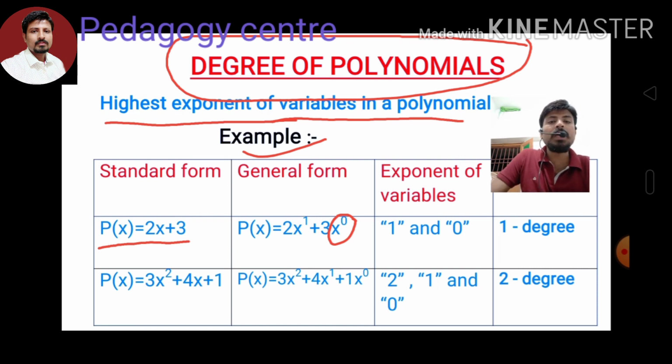So you can write 3 as 3 into x to the power 0. So the exponents of the variable are 1 and 0, and the highest exponent of the variable in this expression is 1. So it is a 1 degree polynomial.